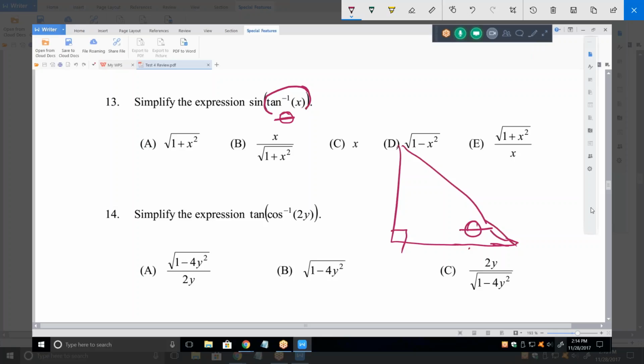Yep. So, if the inverse tan of X is theta, then dimension this triangle based strictly on that. In other words, X has to be the ratio of the opposite over the adjacent. So dimension this thing.